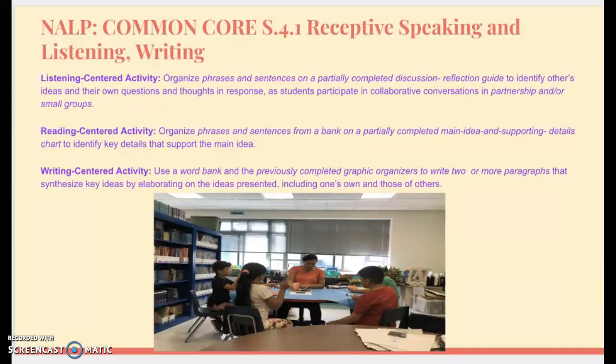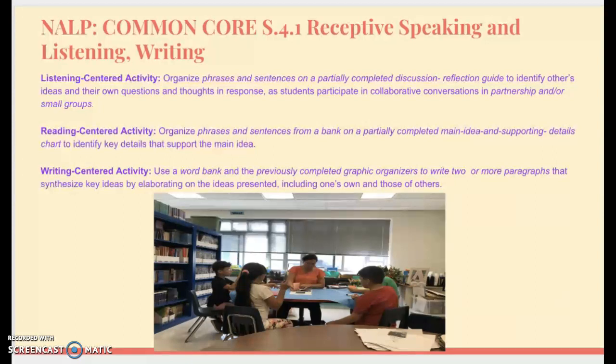This lesson goes very nicely with Common Core standards for 4th grade. In the pull-out group, the students can engage in small group participation, speaking, having collaborative conversations, discussing their own ideas and thoughts.